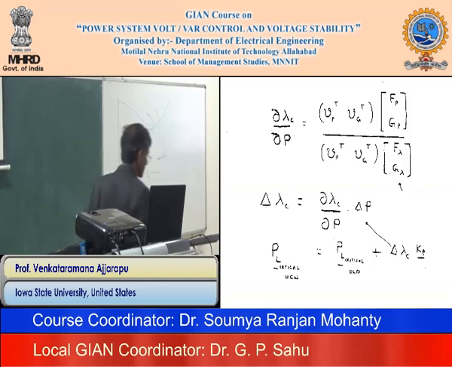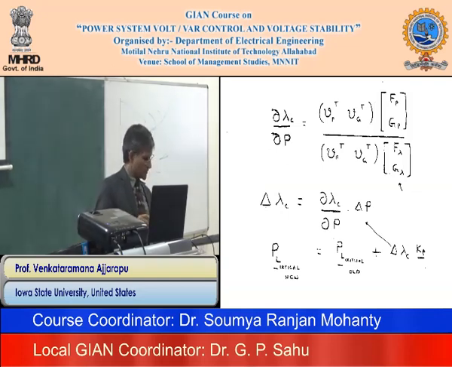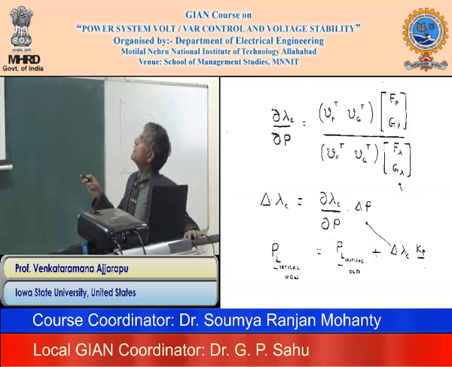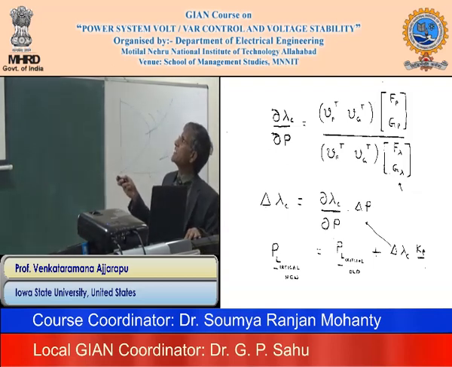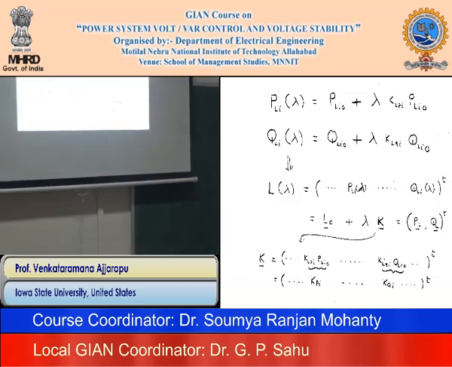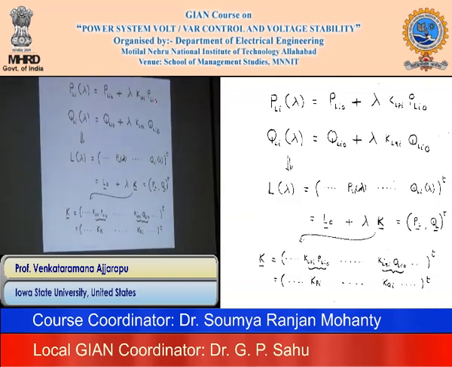Yeah, one more thing. The load I talked about, this is another important one. The PLI lambda, remember we said PLI 0 plus lambda KLI PLI 0, and just now I'm separating them. Previously I combined them and brought PLI 0 in the front, but if I don't combine them, it looks like this.